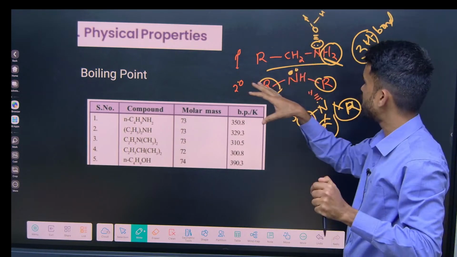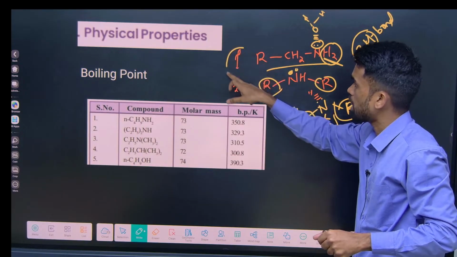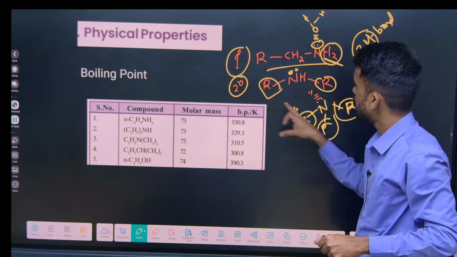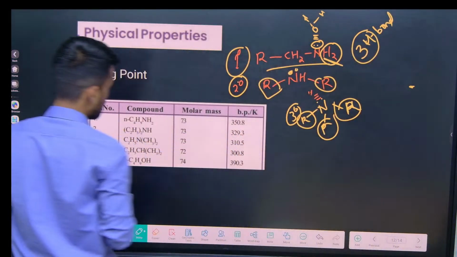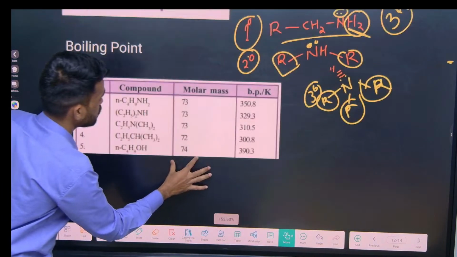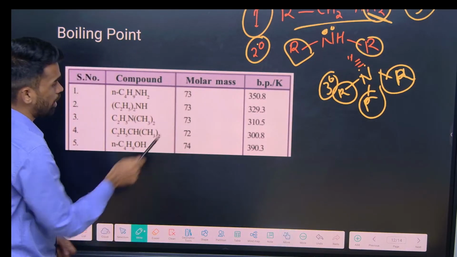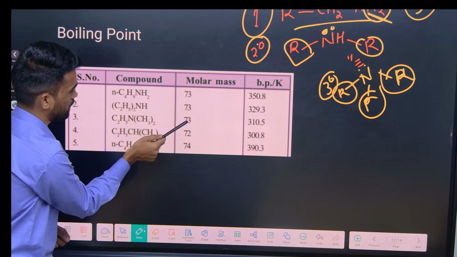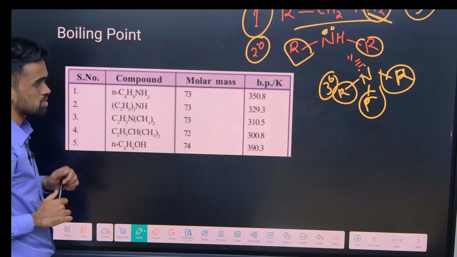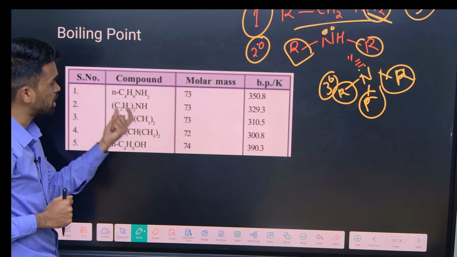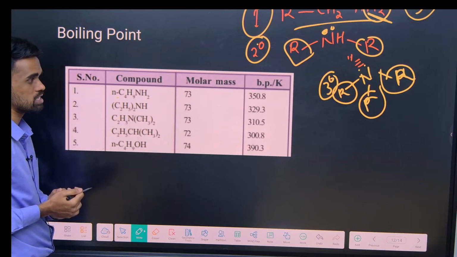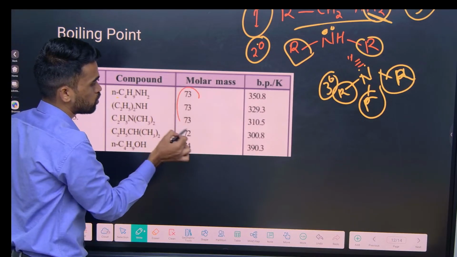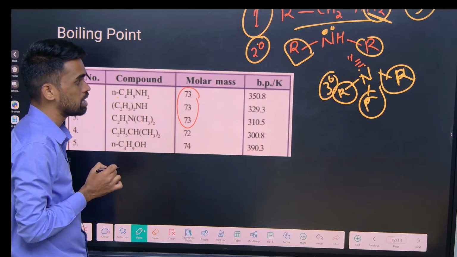It means the boiling point will be highest for primary, then secondary, and least for tertiary, for isomeric compounds. Here we have taken isomers, meaning they have the same molecular formula, with primary, secondary and tertiary considered. The molar masses are the same for these structural isomers.